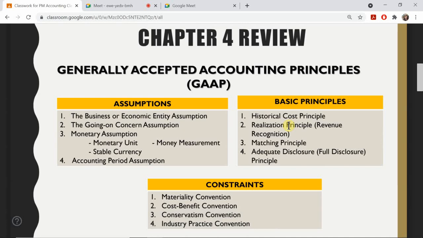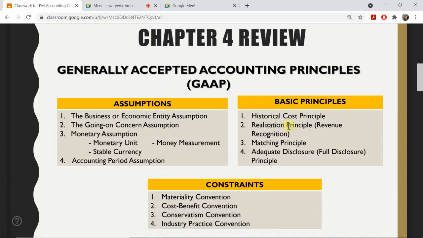Because, once again, this one is more geared towards cost managers. In this class, we're more geared towards the first 8 accounting assumptions and the principles. The concerns and constraints are more for cost accounting, and they go beyond the spectrum of this accounting.